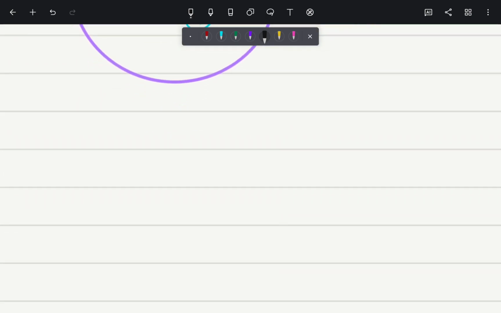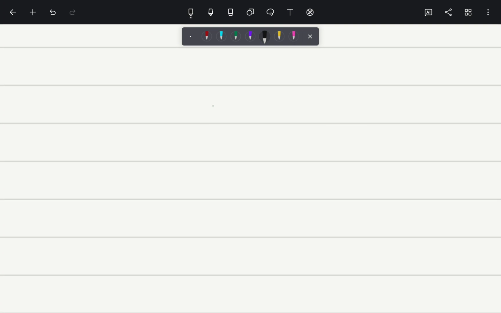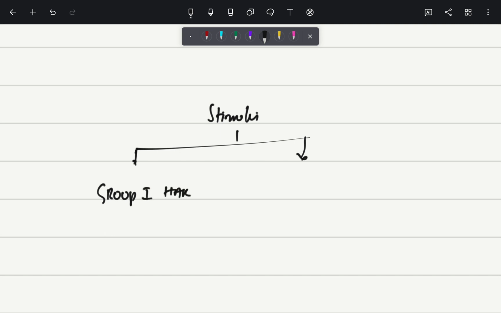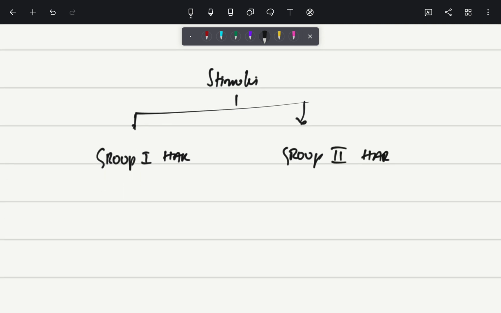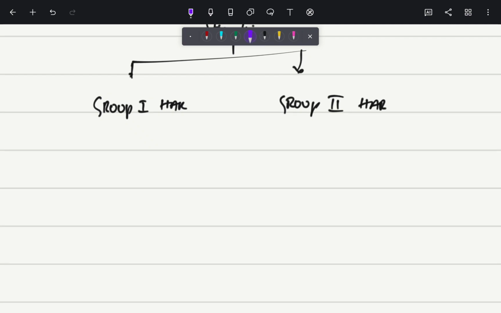Okay, so basically in conclusion, stimulus is of two types. One is mediated by group 1 hormones, and the other is mediated via group 2 hormones. Group 1 hormones mainly act on the cytoplasmic receptors or the nuclear receptors.